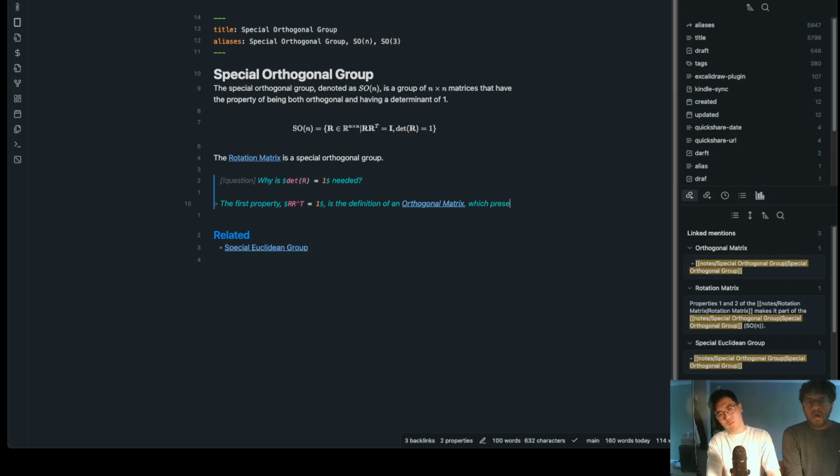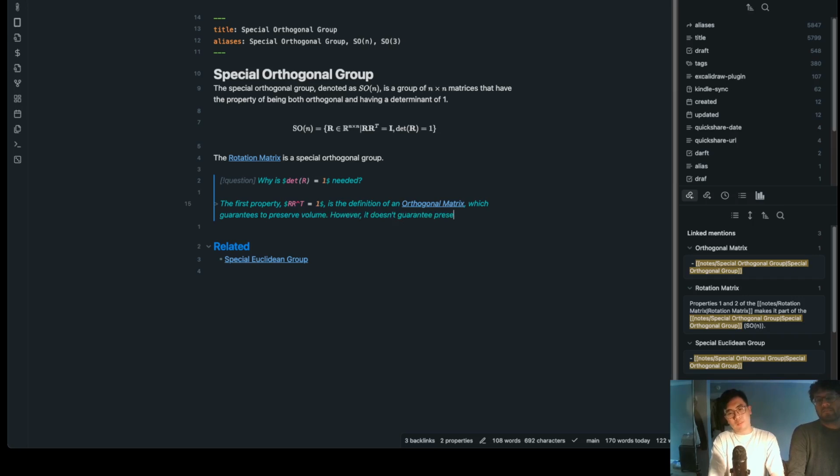Which preserves volume. However, it doesn't guarantee preservation of orientation.